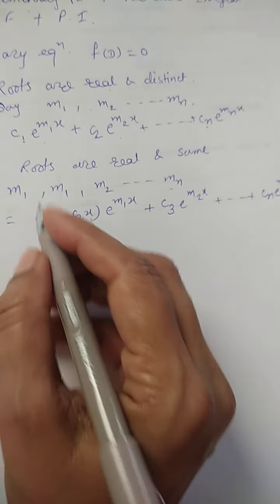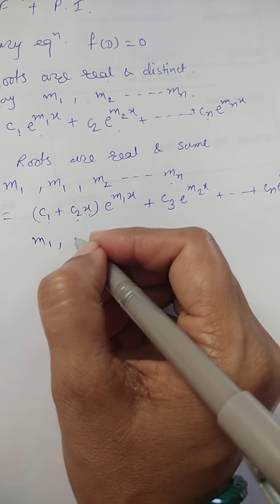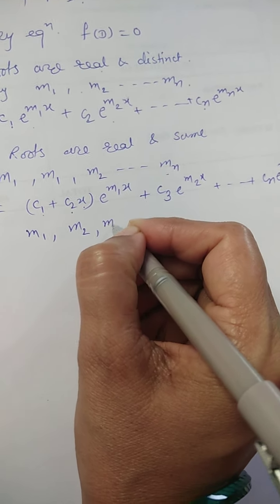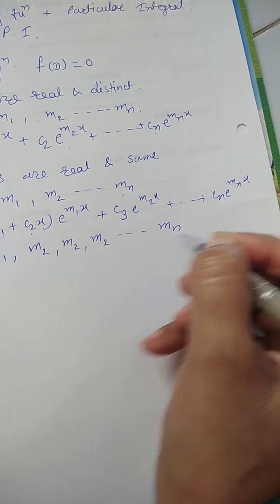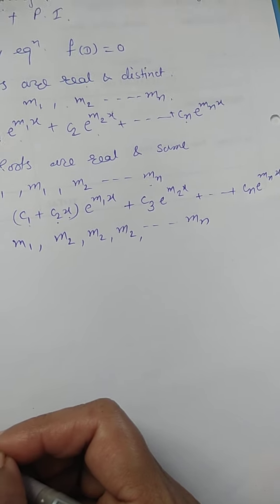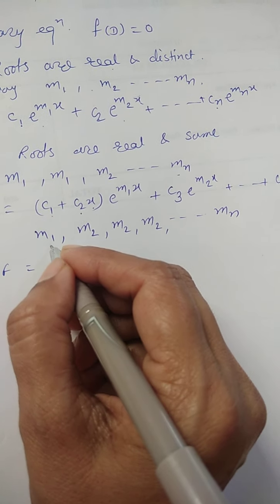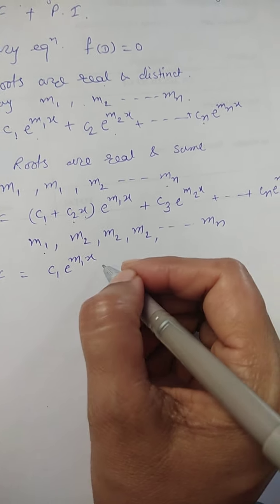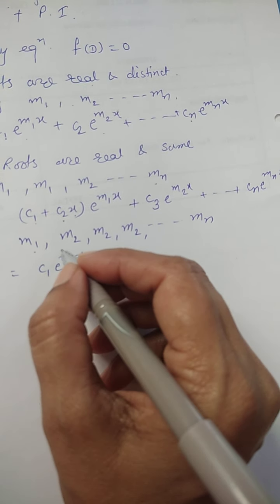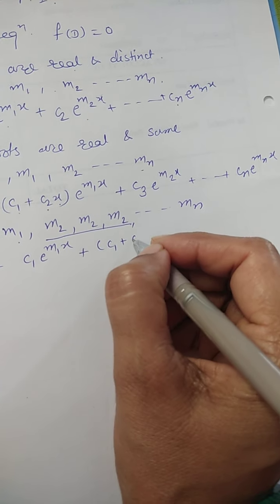If any root is repeated thrice, say we have m1 as distinct, m2 is repeated thrice and again all the remaining roots are distinct, total n number of roots. In this case we'll write CF as, for this distinct root, C1 e^(m1x) as a separate term, plus, now m2 is repeated 3 times, so we have to use 3 constants for that.